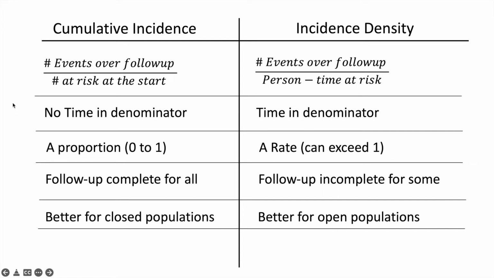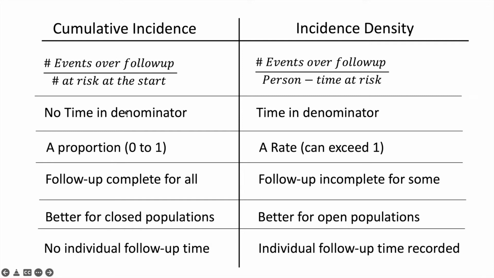There are no people dropping out or being added. And an open or dynamic population is one where people are free to leave and be added throughout. And again, that's permitted because we're making no assumptions about everyone being followed for the same amount of time. We're tracking how much time each individual contributed, so we need no assumptions, and that allows for people to come and go.